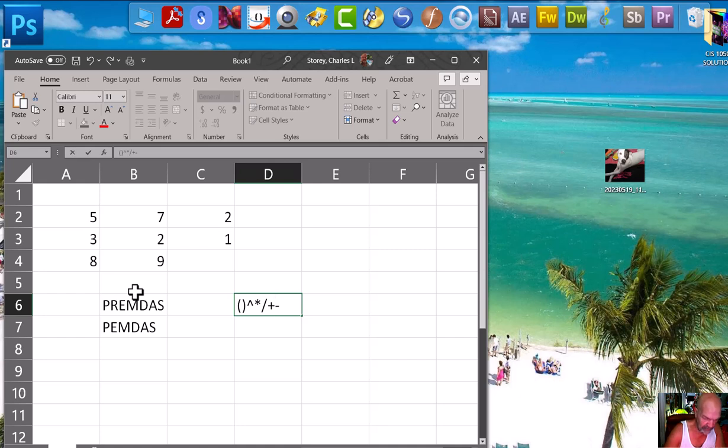Did I miss anything? Exponents, ratio I didn't do. I don't think we do any ratio in here. Multiplication, division, addition, subtraction, exponents, yeah. So those are the ones that you're going to do primarily in this class.